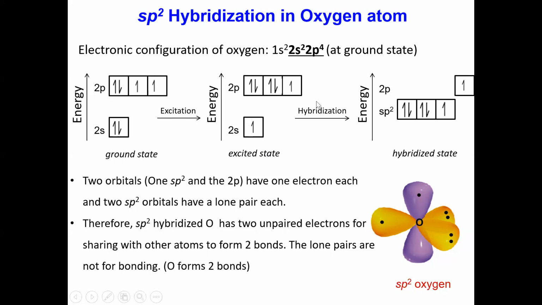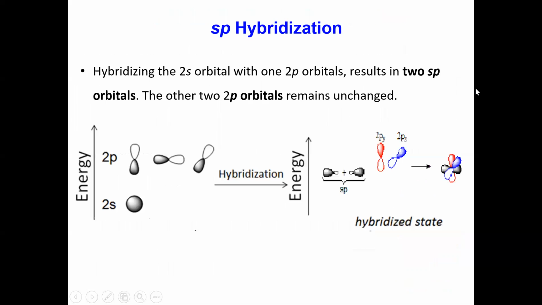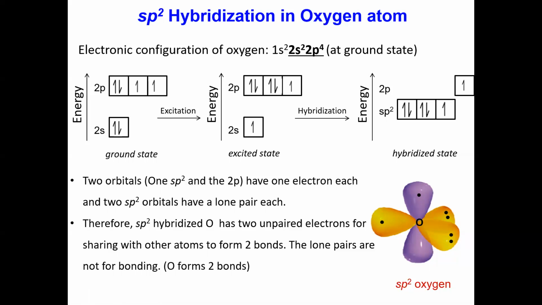During hybridization, the 2s orbital mixes with the 2p orbitals over here to form 3 sp2 orbitals, leaving 1 2p orbital as unhybridized. So the sp2 hybridized oxygen will have 2 unpaired electrons for sharing with 2 other atoms to form 2 bonds. The lone pairs are not for bonding usually.